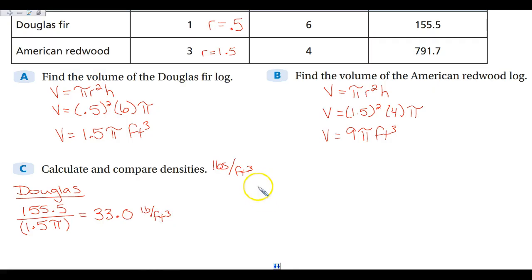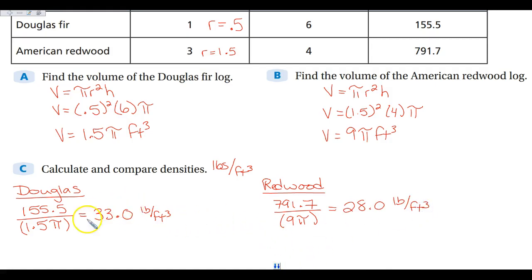We're going to do the same thing with the redwood. Our weight for the American redwood is 791.7, and then we found the volume was 9 pi. Again, when you put that in your calculator, put that 9 pi in parentheses. This is going to give me 28.0 pounds per cubic foot.